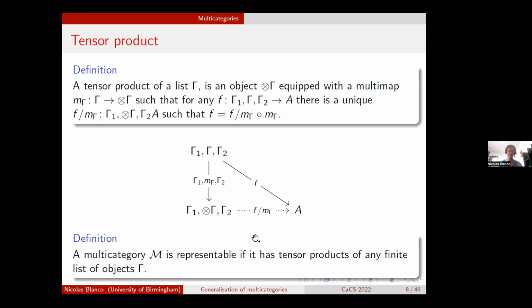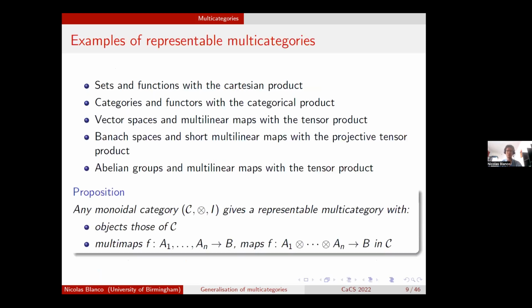And so a multi-category that has all tensor products for any finite list is called representable. All the examples that I talked about before are representable, with an obvious choice. For sets, the tensor product is the product of sets, so the Cartesian product.